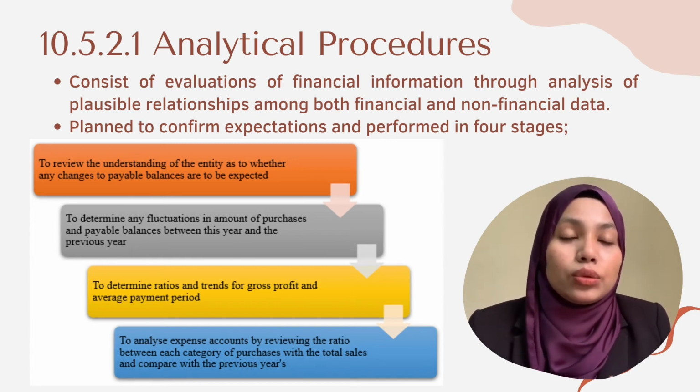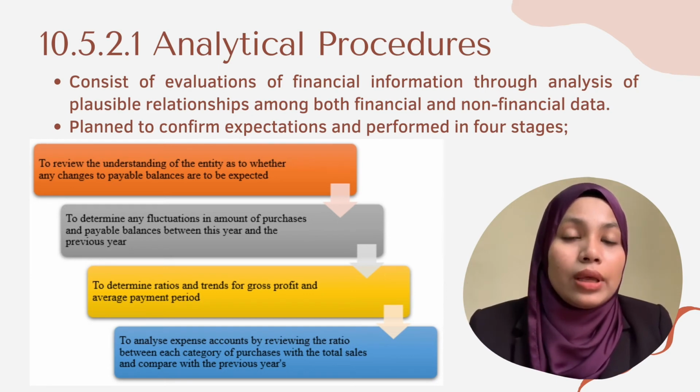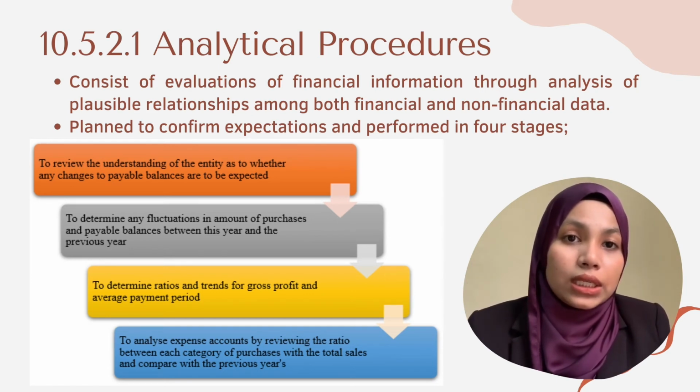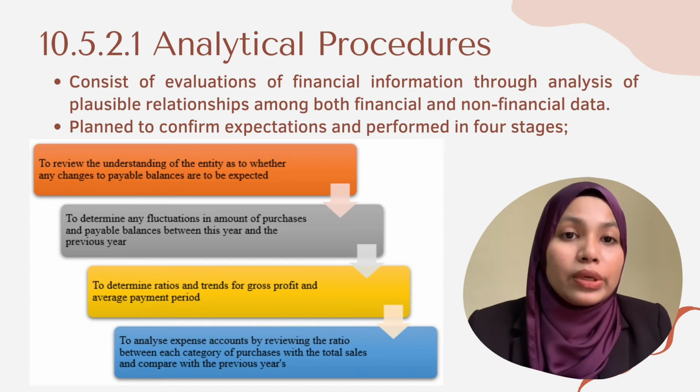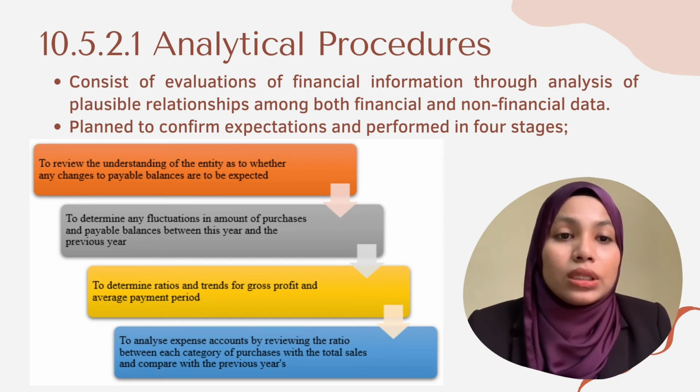The last one is to analyze expense account by reviewing the ratios between each category of purchases with the total sales and compare with the previous year's ratios. This is to determine the level of activity for the current year to ensure the completeness of the purchase record.